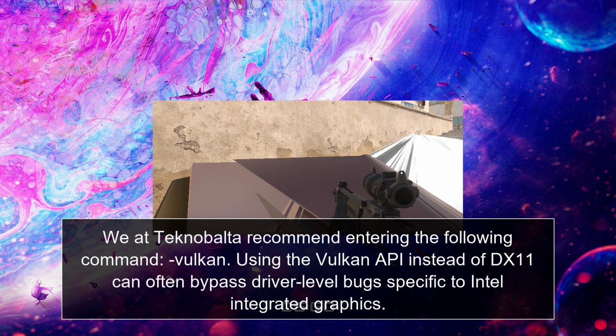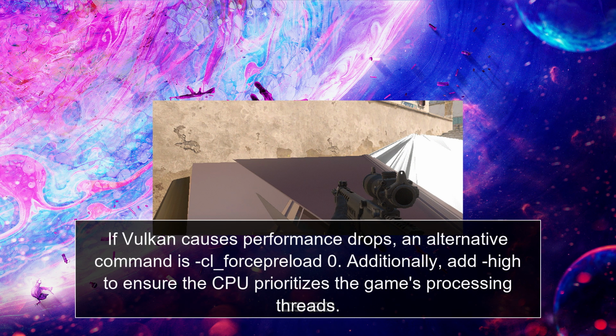Using the Vulkan API instead of DX11 can often bypass driver-level bugs specific to Intel integrated graphics. If Vulkan causes performance drops, an alternative command is -cl_force_0. Additionally, add -high to ensure the CPU prioritizes the game's processing threads.